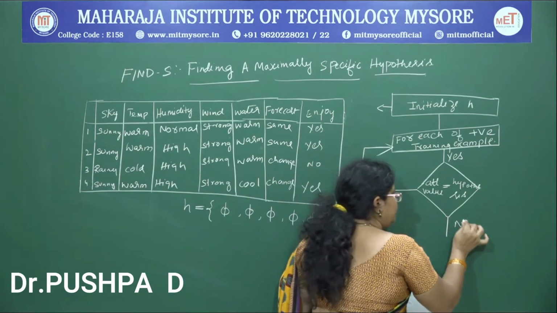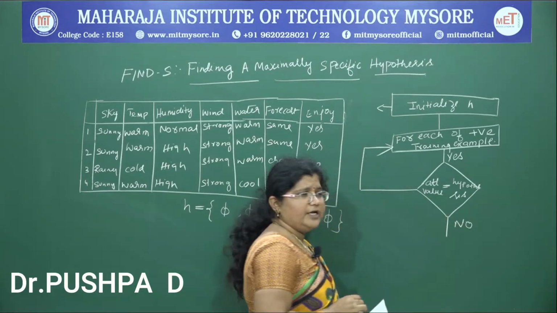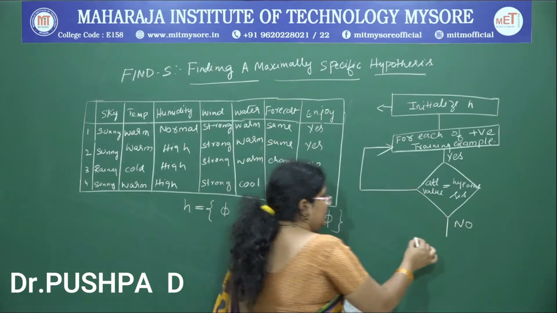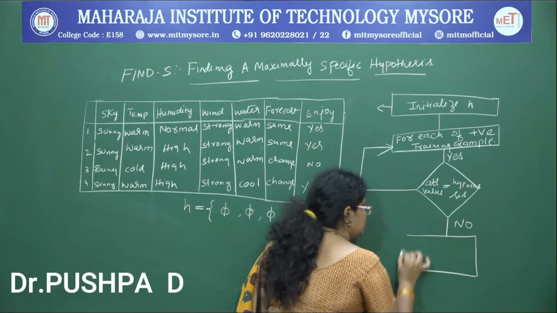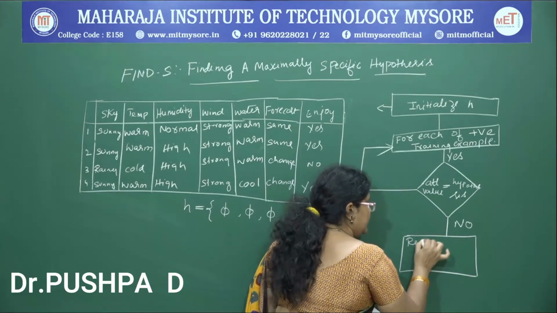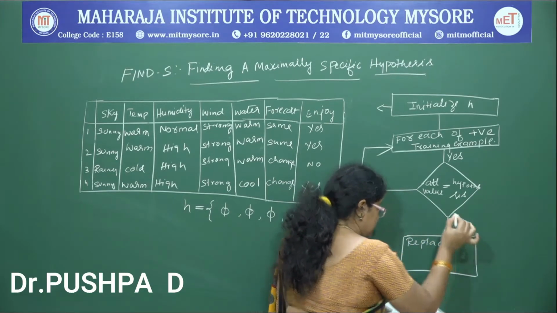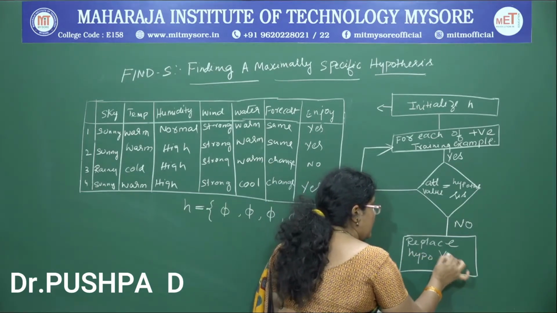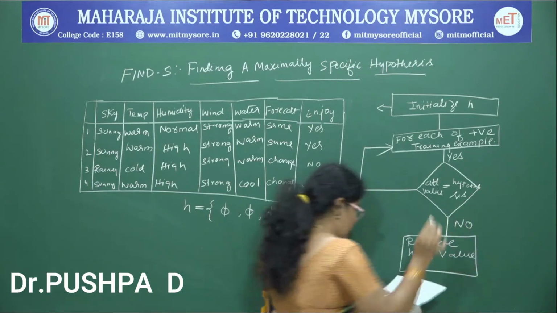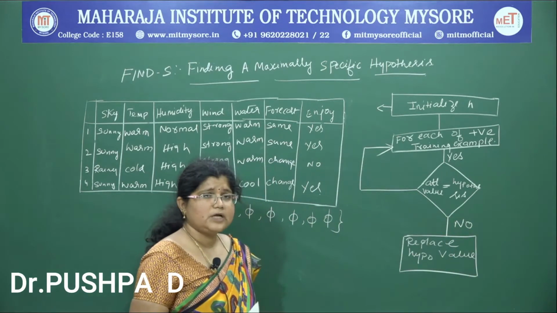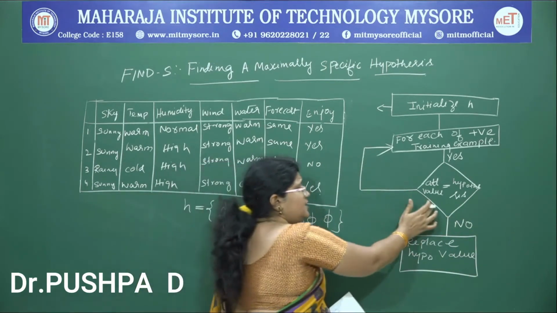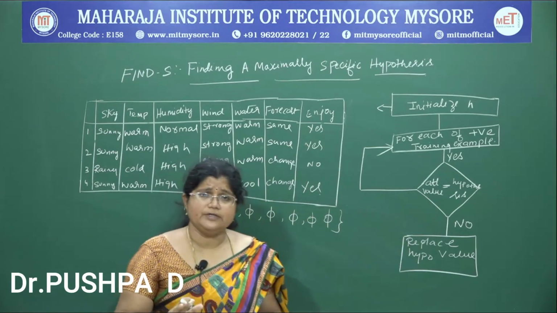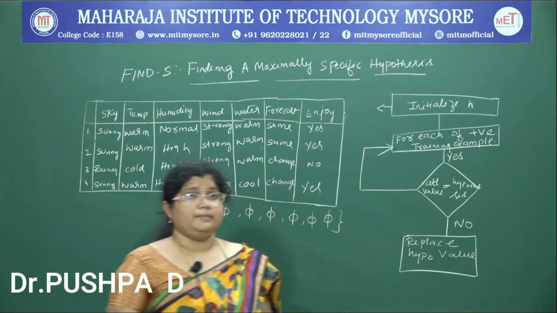That is, if it is no, then replace the hypo value. So, the first step is we are replacing the phi with the positive training example.